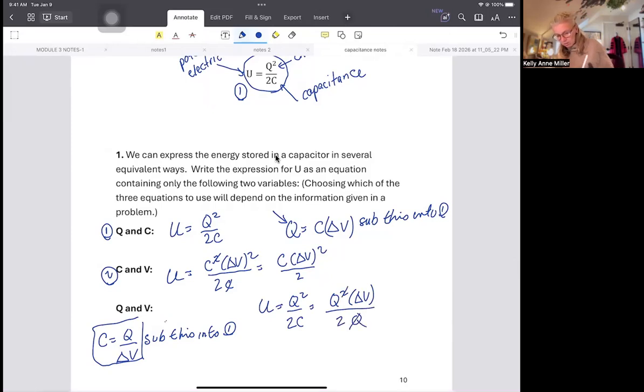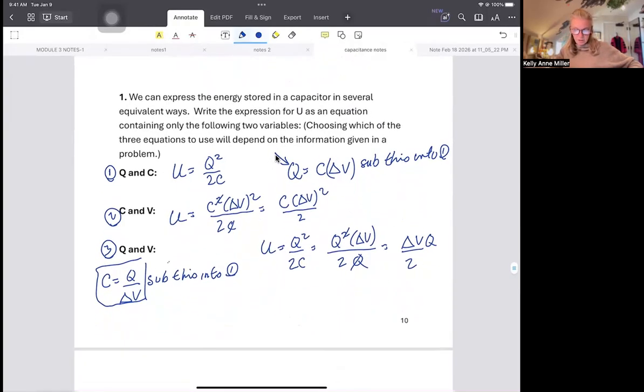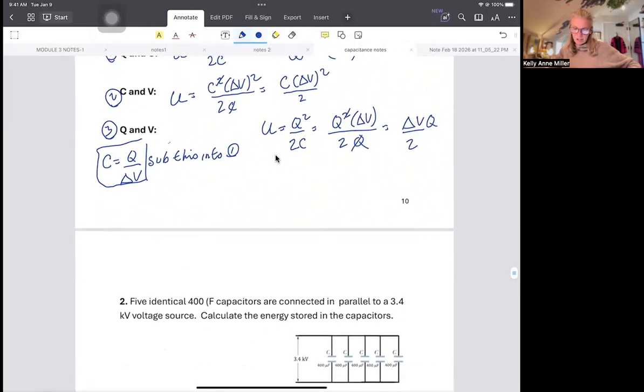That Q cancels with one Q, and so I get delta V Q over 2, because you only canceled one Q. Okay, so those are the different ways of expressing the energy of a capacitor.